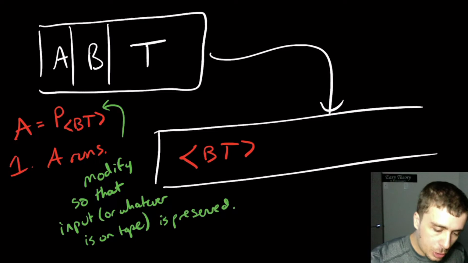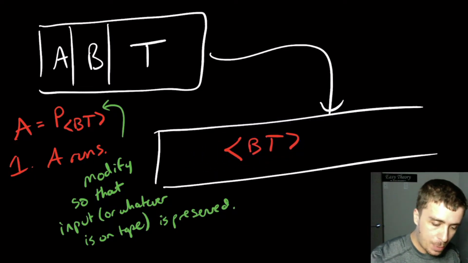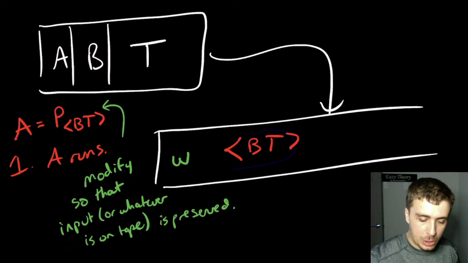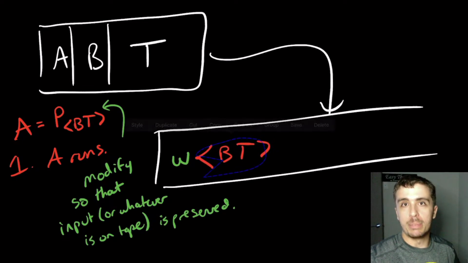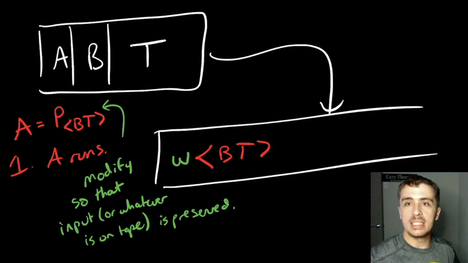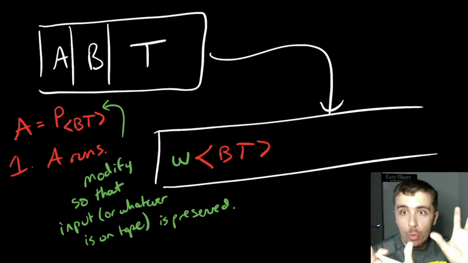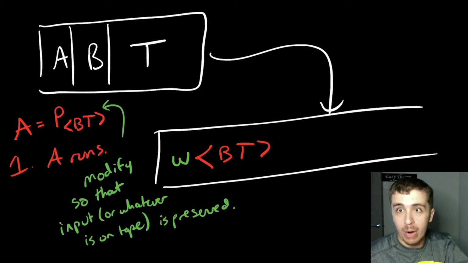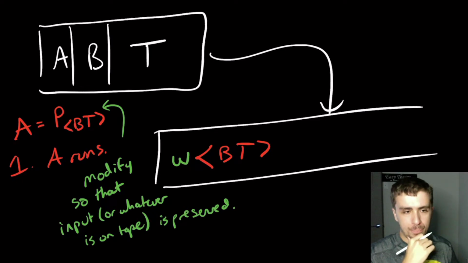Okay, so in this particular case, if we happen to have some input, let's say W written on the tape, then what we can do is have W written there and then write down the description of BT. So instead of destroying the tape, we're just going to leave whatever's there on the tape and then write the description down. And so that clearly can be done. There's no problem with that. But how is this going to help us later on?